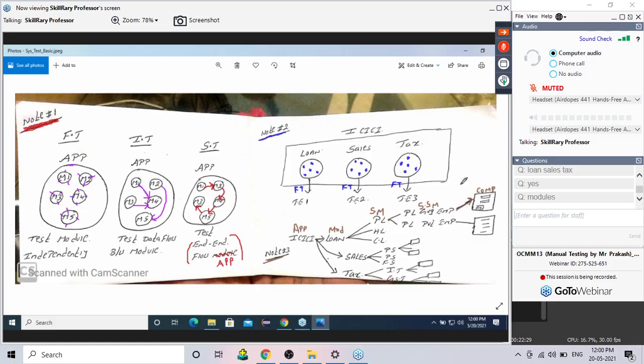Now observe. See, when I say in the company that boss, from last 3 months I am testing loans, it means what? Tell me.